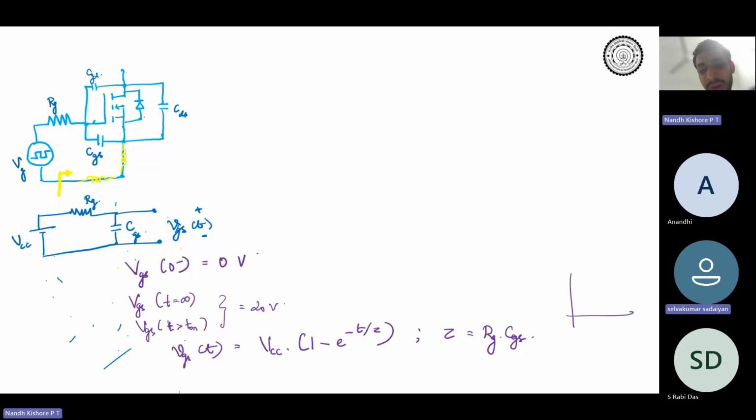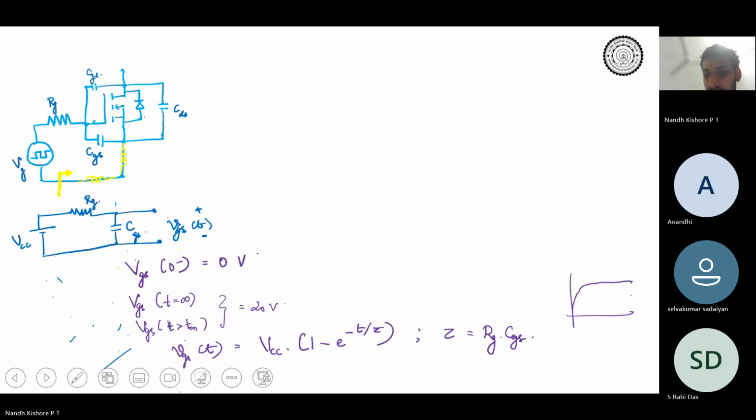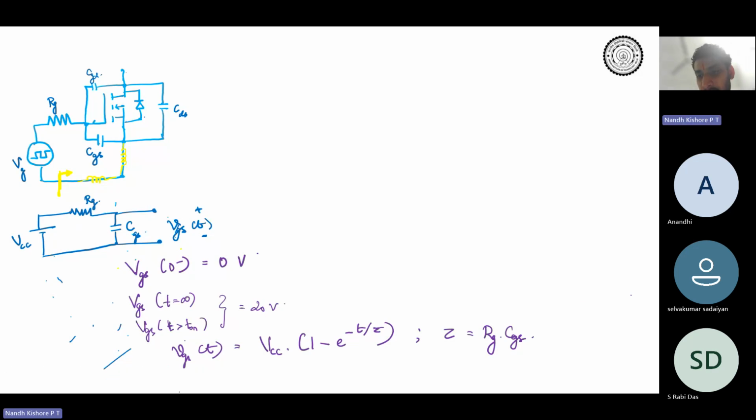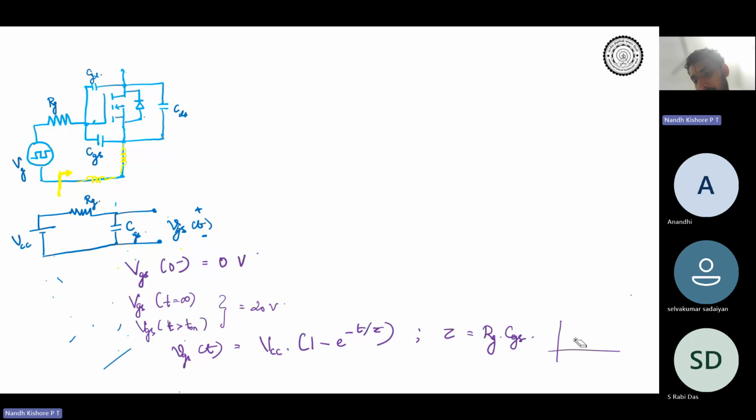Yes, it is tau. So you will be seeing something like this, right? I mean, not exactly how I have drawn it. You might see something like this, correct?